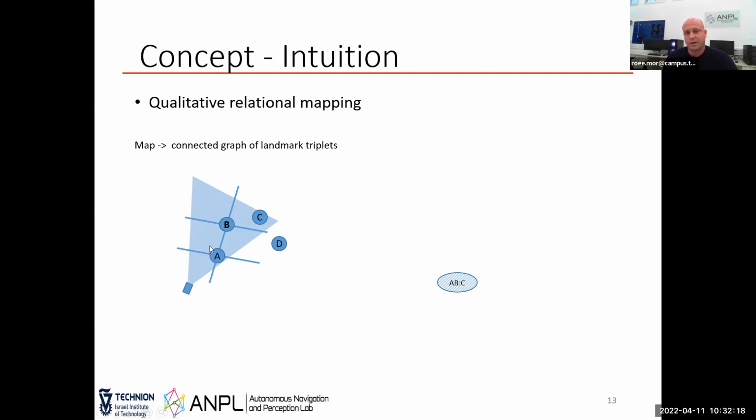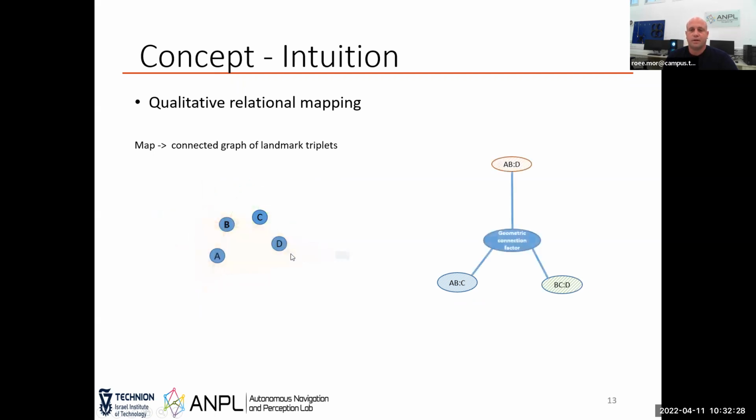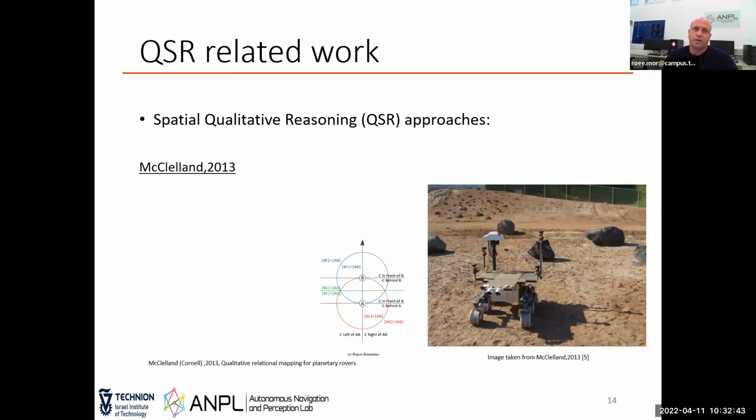If we see these 3 landmarks, we get an inference, and then if we see these other 3 landmarks, we can make another inference, and so on. And sometimes these local frames are connected with probabilistic factors, which enable us to propagate data between different triplets.